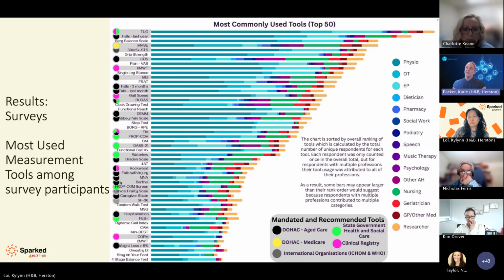The ones that aren't grey are the ones that are not mandated or recommended currently. So this is just to show that there are a whole lot of different tools out there being used and commonly used, and they're collecting a lot of different data items, a lot of different whats and hows, and there's a lot of duplication between them. So that's the background of where we started from.